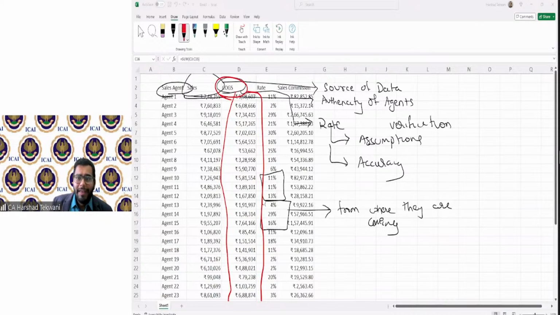In calculation of sales commission, do you think COGS data is relevant for me? Good, Tanisha, very good. Good, Sayed Ali.